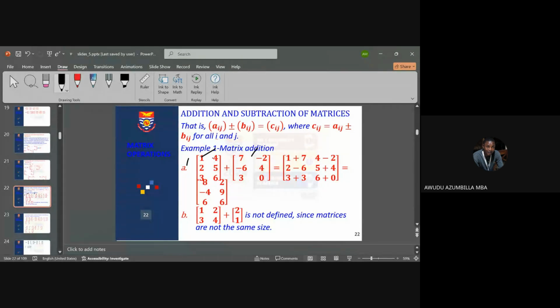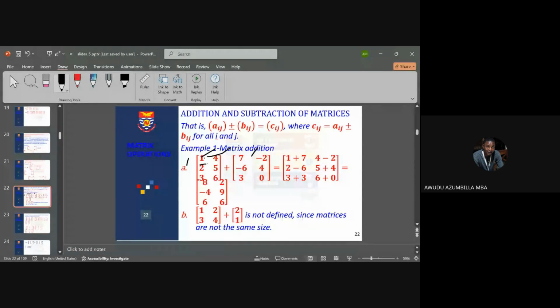You can see that the first one is 2 by 2, 2 rows, 2 columns. If you come to this one, there are also 2 rows, 2 columns. So it is easy for you to do the addition. Because if they are not the same, then you cannot do addition and subtraction with them. They must be the same dimensions.